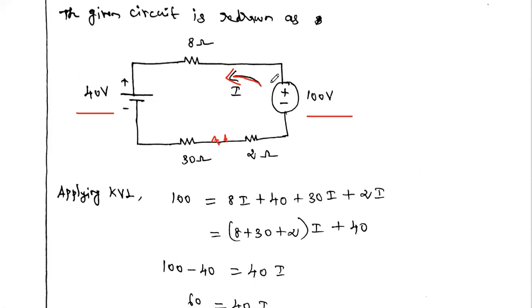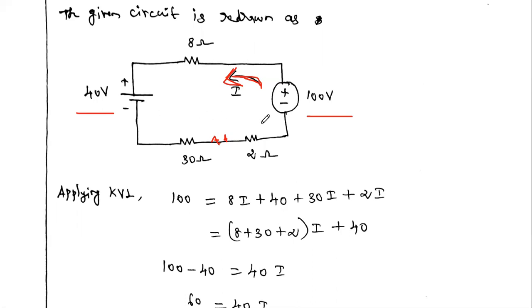Always the current emerges from the positive terminal of the battery. When compared to the 40 volt battery, the 100 volt battery has the higher value. That's why we mentioned the current direction like that. The current flowing through this entire circuit is the same current I.